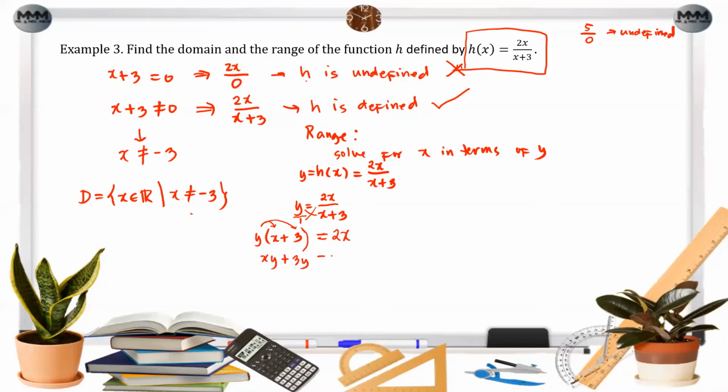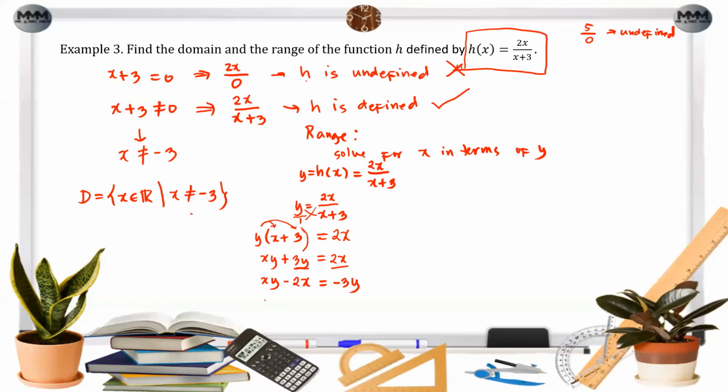Then copy here. Next, we move the term having y to the right side, because we are going to solve for x. So we retain the term having x here and move this one to the other side, so this becomes negative 2x equals negative 3y.